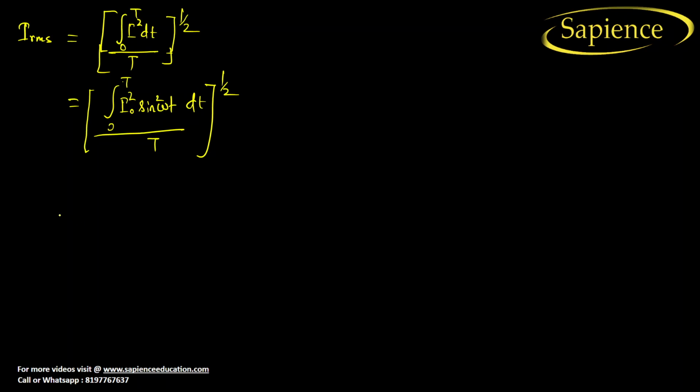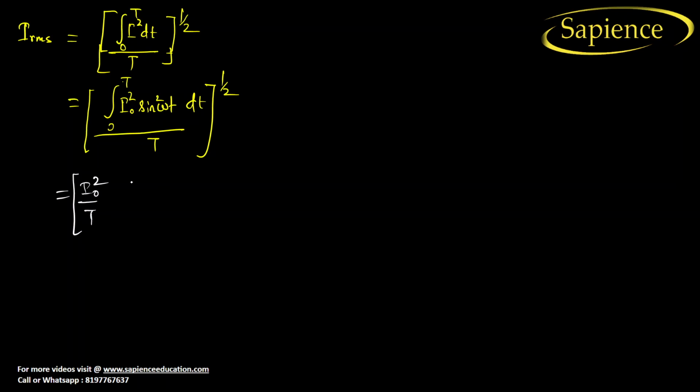Now as we know that I naught is your peak value, which is your maximum value, so we can take out I naught square by T from here.